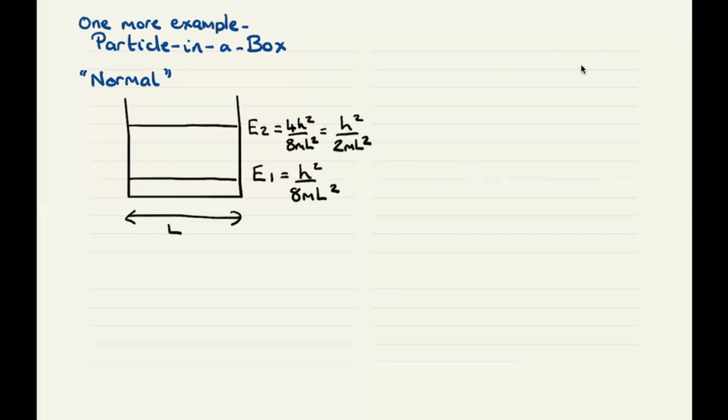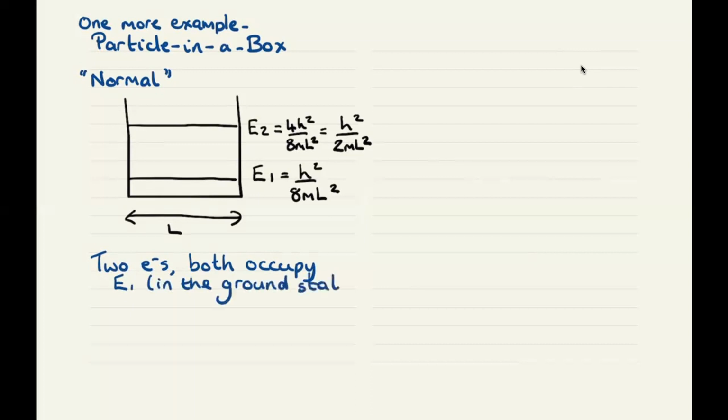And if we have 2 electrons, then both of these will occupy energy level E1, at least in the ground state. So both our electrons will go in the lowest energy level.